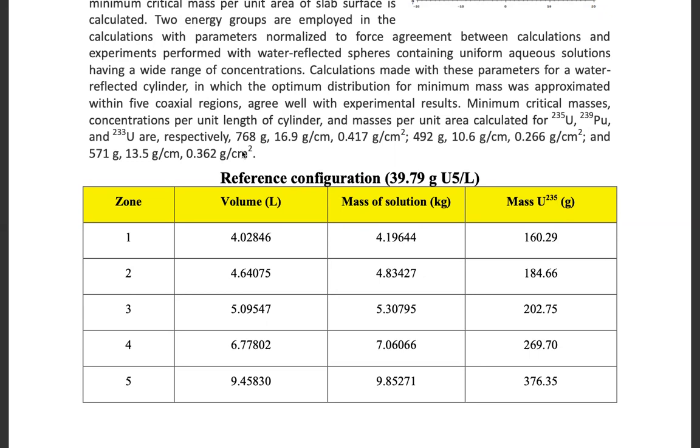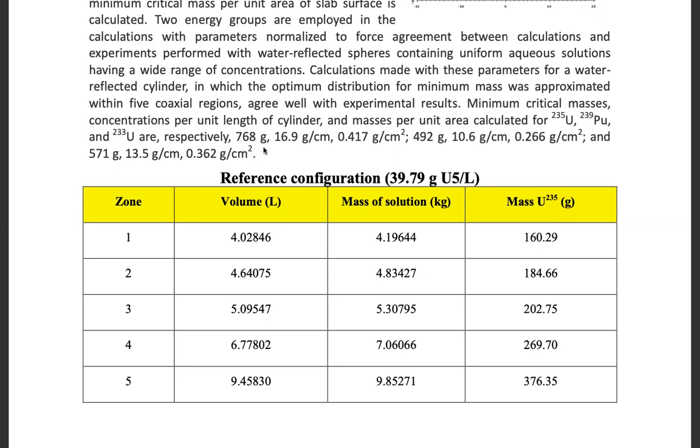Because when you're storing uranium solutions and plutonium solutions in nuclear facilities, they can lead to an accident. That's called a criticality accident. And somebody can die then. You can have a burst of energy.